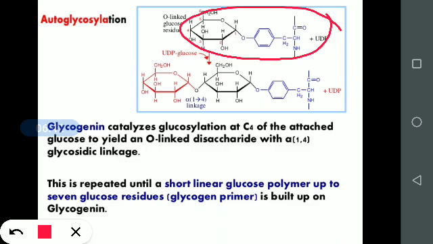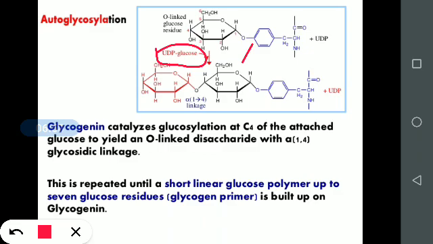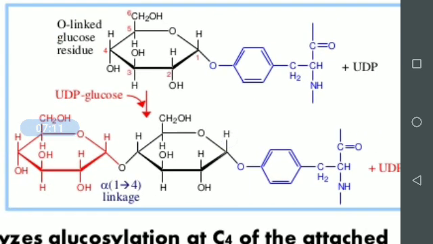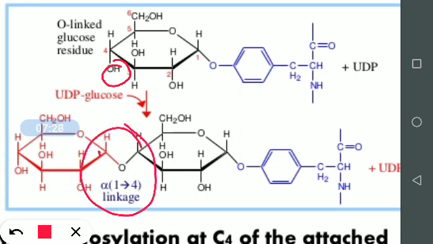Through this primer, the next UDP glucose carries glucose, and the C1 carbon of the UDP glucose attaches to the C4 hydroxyl group, an O-linked linkage, which is nothing but an alpha 1,4 linkage.